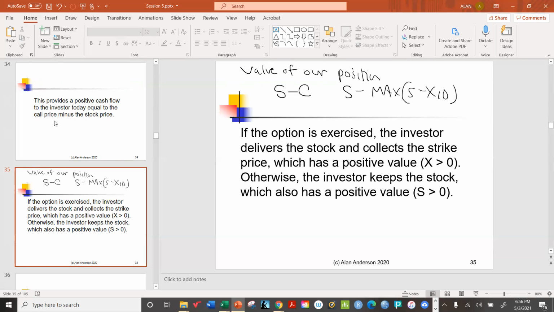Now, if the option is exercised, that means that S is greater than X. Okay, so let's think of that as case number one. We'll have S minus X, which is greater than zero.